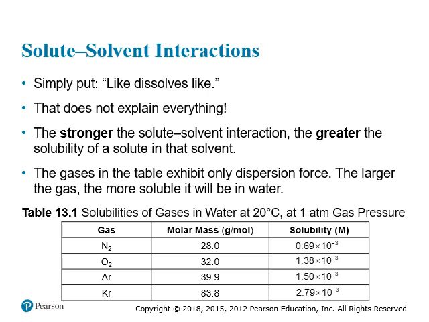So as we go from nitrogen to oxygen to argon to krypton, we see an order of increasing size, and we see an increase in solubility. You can dissolve more krypton than you can nitrogen in a given amount of water at 20 degrees Celsius and 1 atmosphere of pressure.